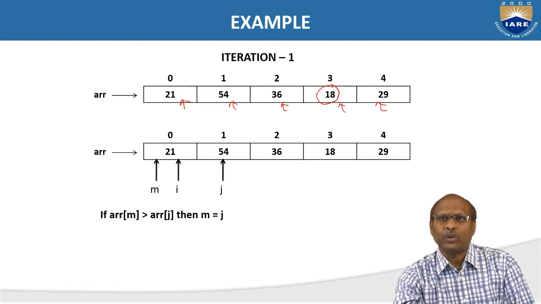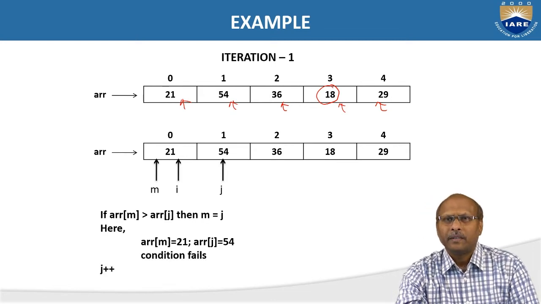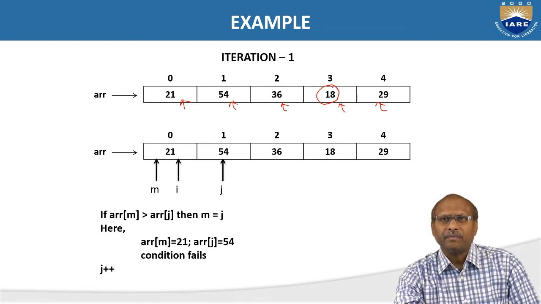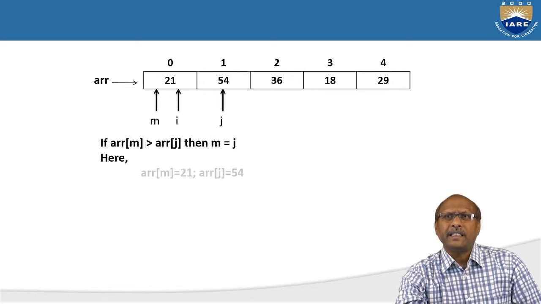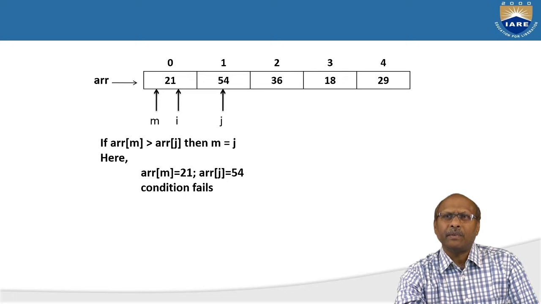If yes, then store. Otherwise, no. So here the condition fails, so no need to remember the position. j++. j is incremented. Then compare whether this mth position data is greater or not. Is 21 greater than 54? No. So no need to.